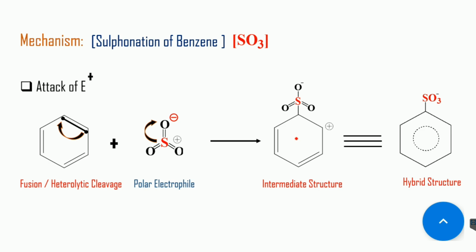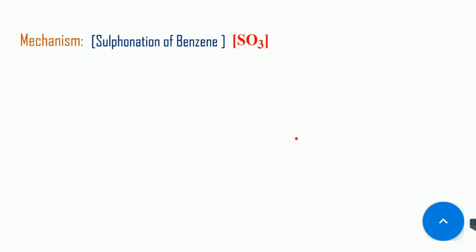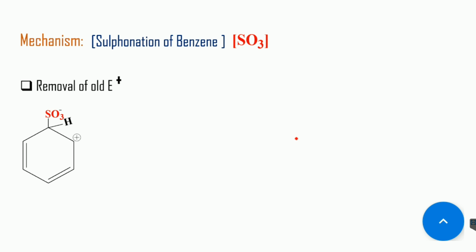Understood? Okay. Now comes our last step, that is removal of the old electrophile. So this is our intermediate. There is a hydrogen atom which will be removed from the ring by donating its electron to this carbon atom and leave as an electrophile. Now we have HSO4 minus in our reaction.